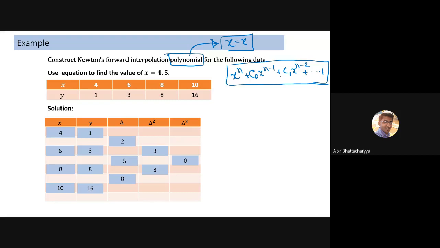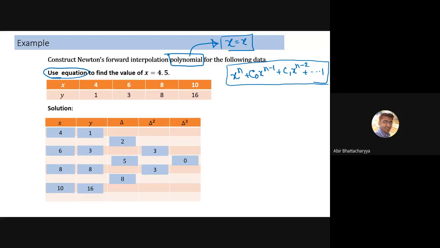That's why we will not put any specific value of x, like we did in the last two questions. In those questions, we estimated a specific value using Newton's forward method. But in this case, we don't need to find any specific value first. Yet we do have to find the value: read the question carefully, use the equation to find the value at x equals 4.5. Using the equation means using the polynomial.